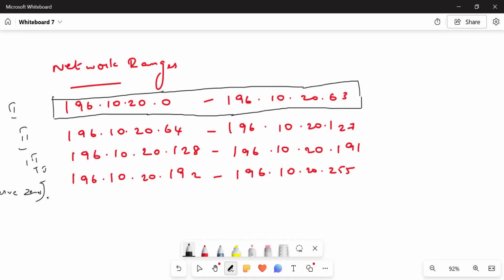For the first subnet, we can write the network address. What is the network address? 192.10.20.0. What is the broadcast address?